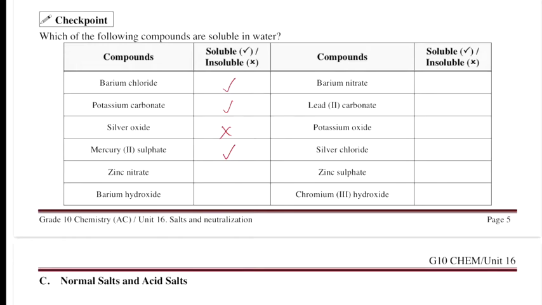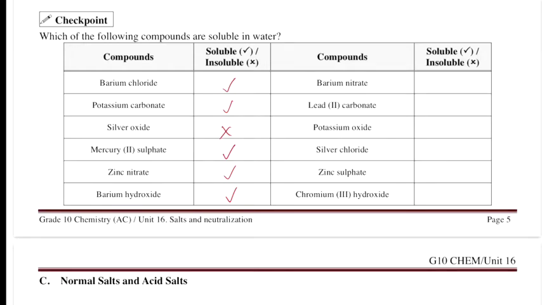Next one, zinc nitrate. All nitrate salts are soluble, so we just need to put a tick for that. Next one, barium hydroxide. For metal hydroxides, you need to remember this special one. Barium hydroxide is a soluble compound.